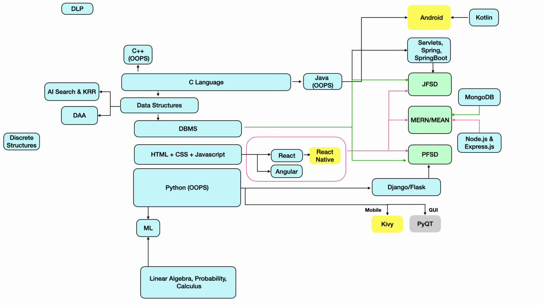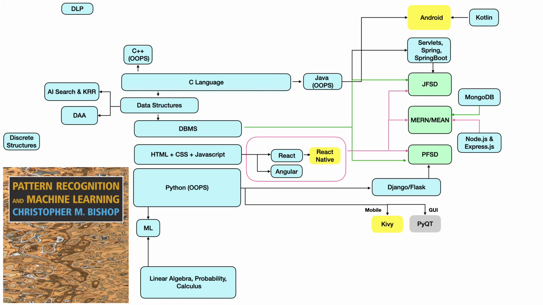As part of unsupervised, we learn algorithms like k-means and PCA, and supervised algorithms like KNN, SVM, naive Bayes. Based upon the use case, we try to apply one of those algorithms. And the best book is by Christopher Bishop, Pattern Recognition and Machine Learning.